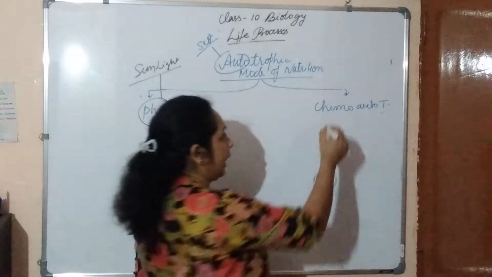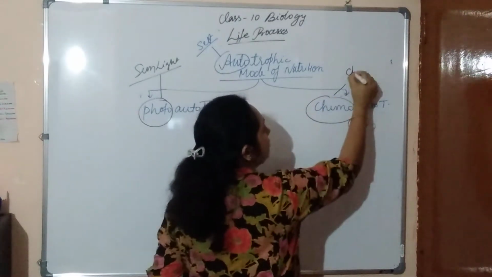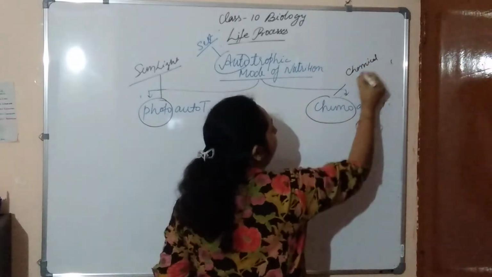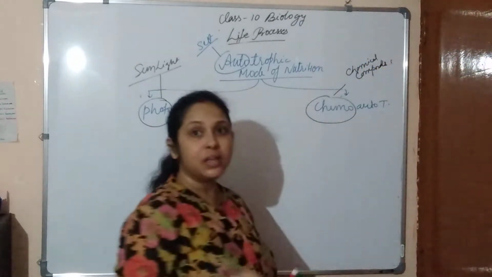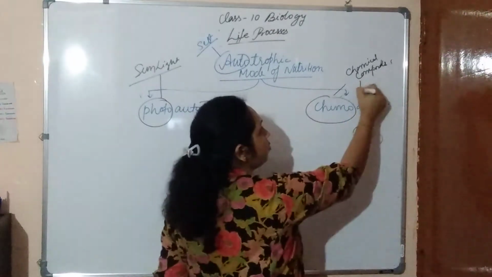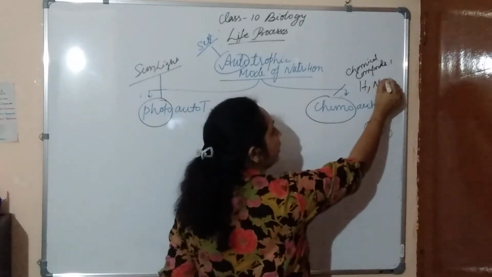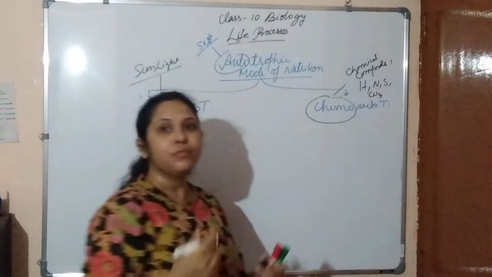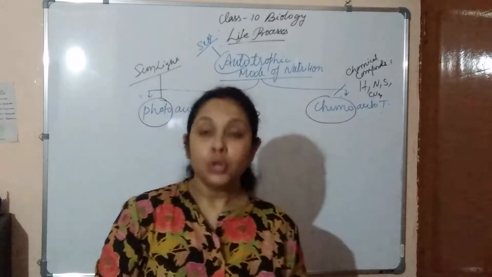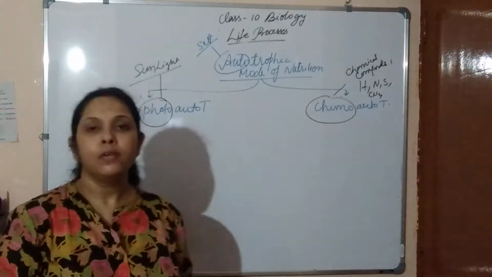Chemoautotrophs use chemical compounds to synthesize their organic matter, like hydrogen, nitrogen, sulfur, methane. So they use different types of chemical compounds to synthesize their organic food.